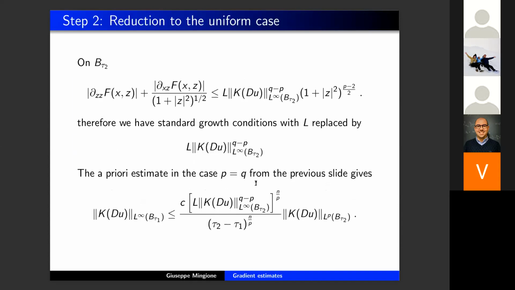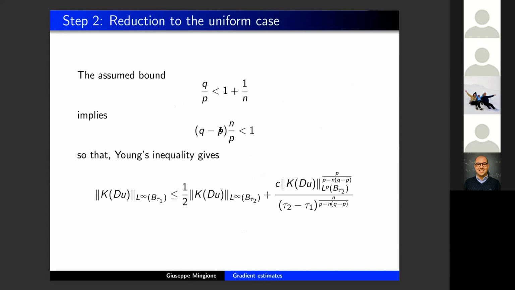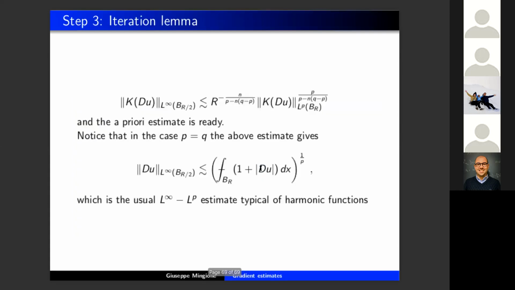But after I get this, I prescribe the bound, and I can use Young's inequality. So that's where the bound sharply comes into play. And then I do iteration. So this was the bonus, and this was the end of this talk. Thanks a lot.